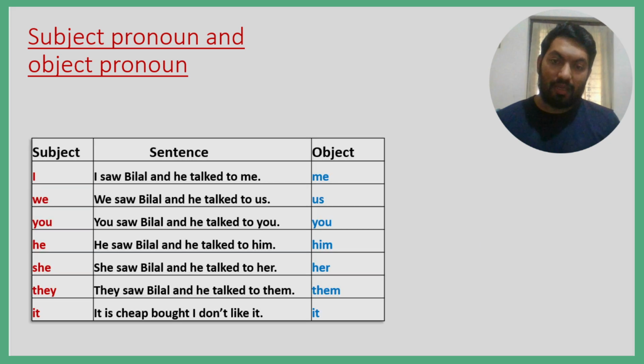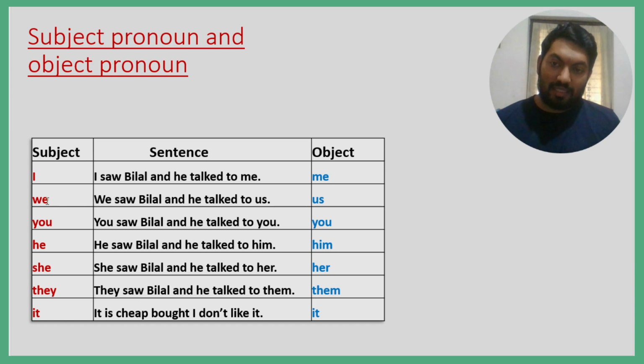Look at this table. This table lists all the examples of how subject and object differ. Look at the sentence: I saw Bilal and he talked to me. Here the subject is I and the object is me. You see? So I, when it comes to object position, changes to me. We saw Bilal and he talked to us.